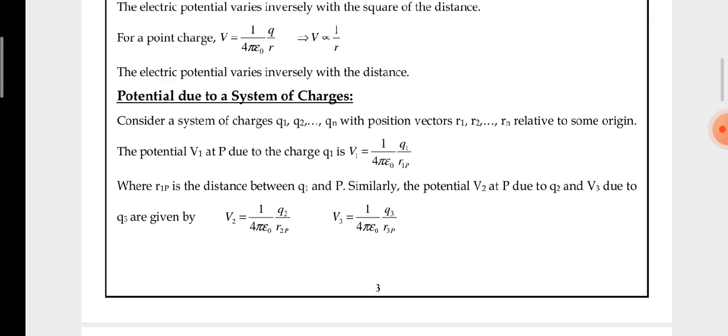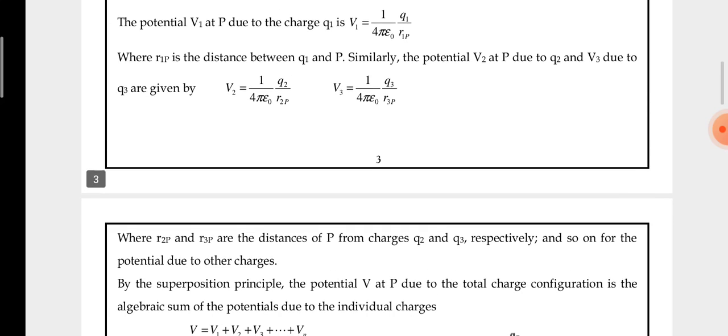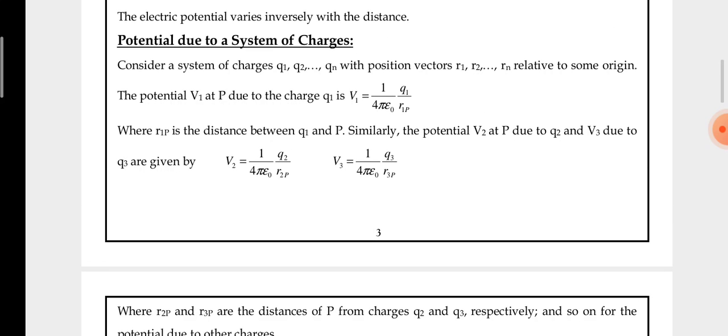Afterwards, electric potential due to a system of charges. Consider a system of charges Q1, Q2 and so on up to Qn with position vectors R1, R2 and so on. That means, due to multiple charges, what is the electric potential at a particular point?